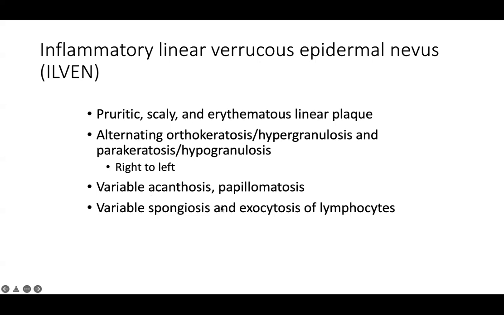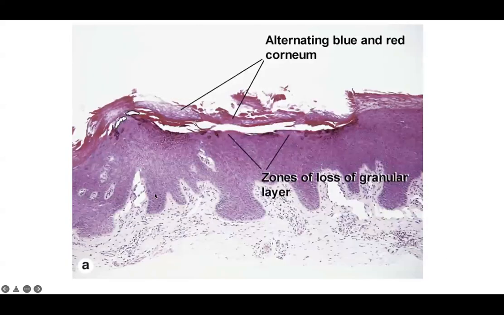You will see variable acanthosis and papillomatosis and variable spongiosis and exocytosis of lymphocytes. So from low power, you see the alternation of blue and red corneum, as Dr. Elston's book mentions, but orthokeratosis and parakeratosis, as well as hypergranulosis, usually right below the orthokeratosis, or hypogranulosis right below the parakeratosis.